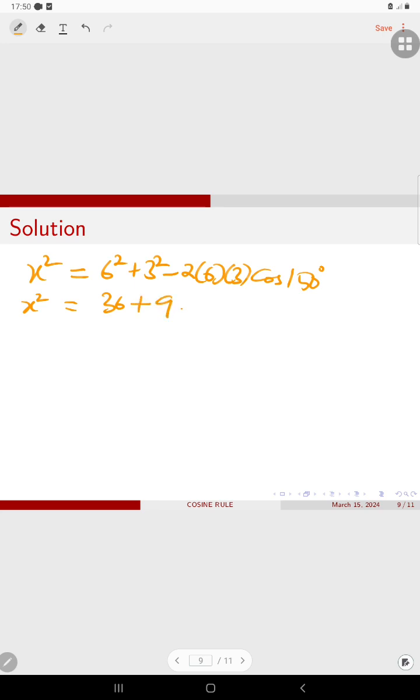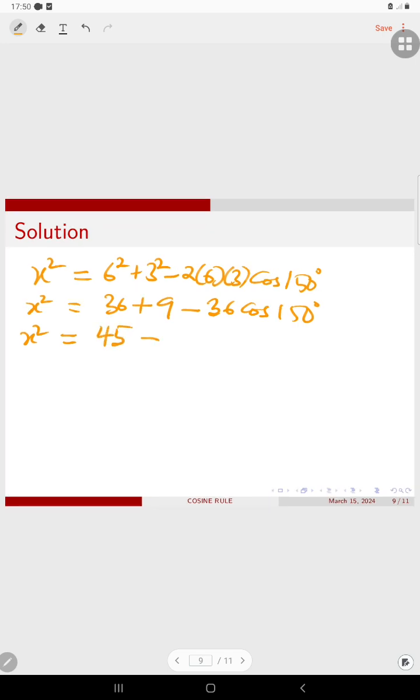So let's move on. 6 squared is 36. This will give us 9, 2 times 6 is 12, times 3, 36 cos 150. Okay. X squared. This one will give us what? 36 plus 9 is going to give us what? 45. And when you enter 36 cos 150, you get a negative answer. Negative 31.1769. Okay.